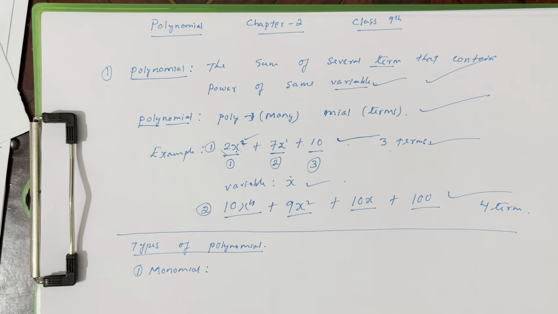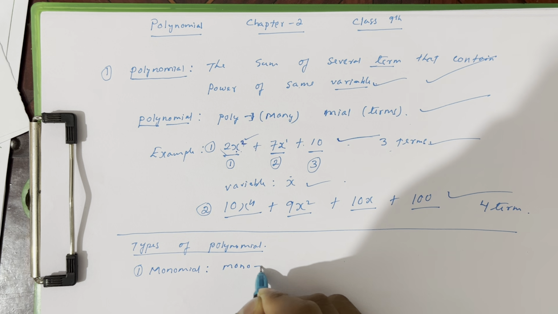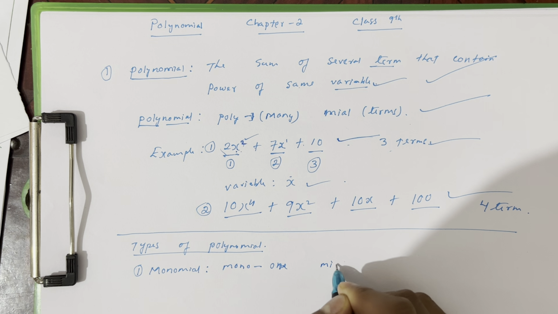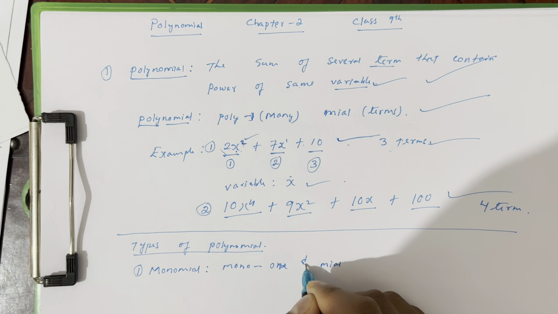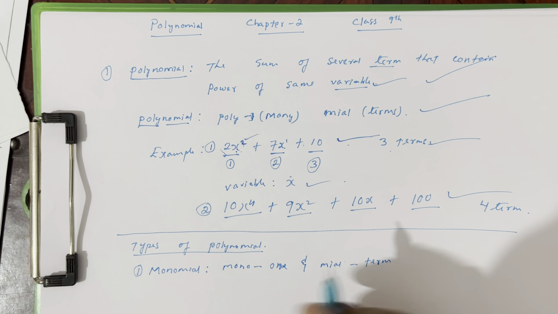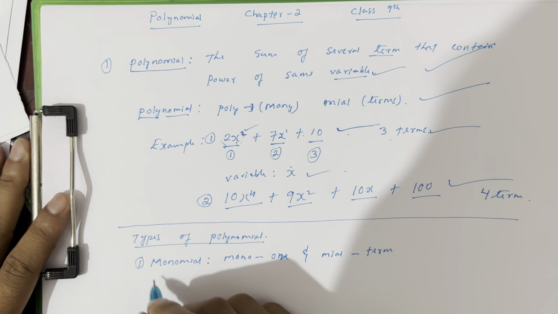Let me explain you the meaning of this monomial. Mono means 1, and mial means terms.